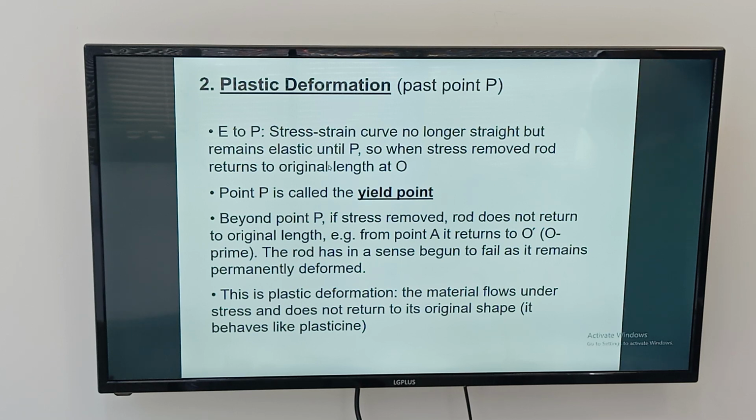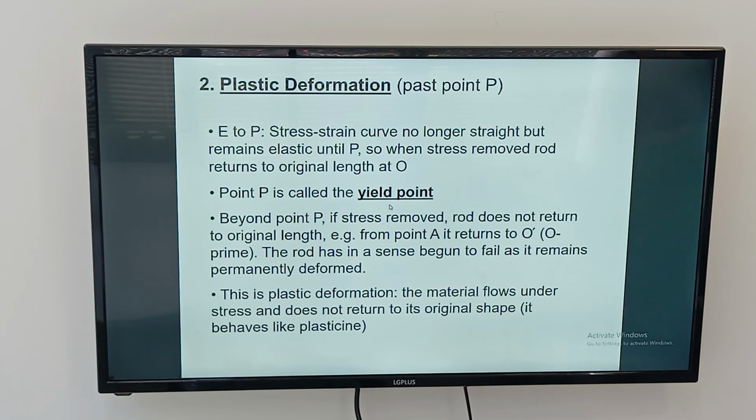This is plastic deformation: the material flows under stress and doesn't return to its original shape. It behaves like plasticine, okay? Because it doesn't handle the force or the stress-strain applied to it. Each material, okay, has a yield point, or you can call it a no-turning-back point.